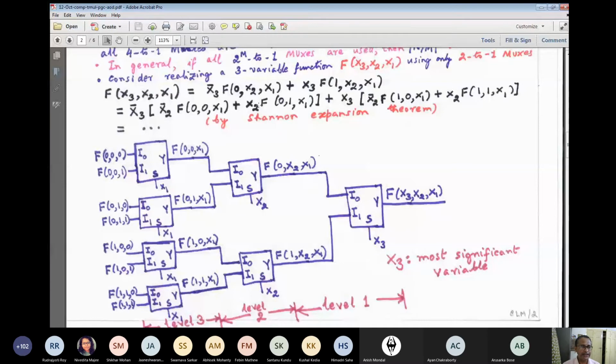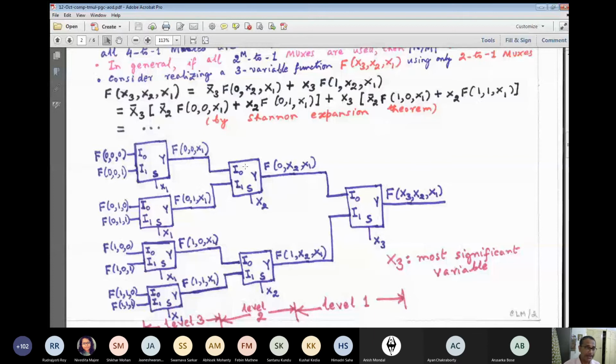So here, when x3 is taking the value 0, then this coefficient will be present at this input, and I1 will be taken out to the output when s equal to 1 or x3 equal to 1. So when x3 equal to 1, this is the coefficient. So this input, that means f1, x2, x1 will be taken at this input.